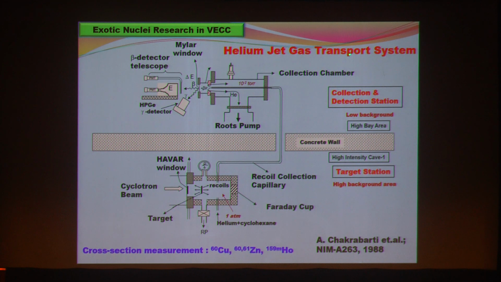The technique is the differential pumping of a carrier gas, shown here as helium with some added impurity. This helps you take it to the low background site, because otherwise you won't be able to see the signal from very low production cross-section nuclei, and you have your detector set up, etc.